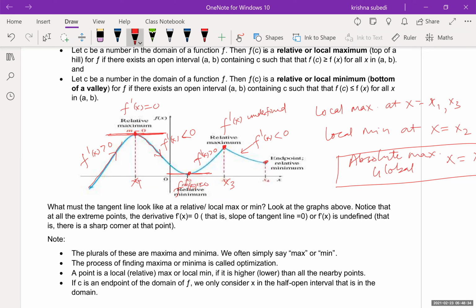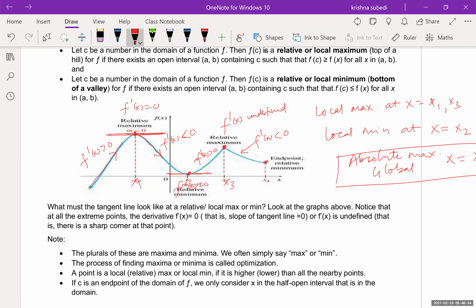You already know that at x1 we have a minimum, at x2 we have a maximum, at x3 we have a minimum. So local maximum at x equals x2, local minimum at x equals x1 and x3.